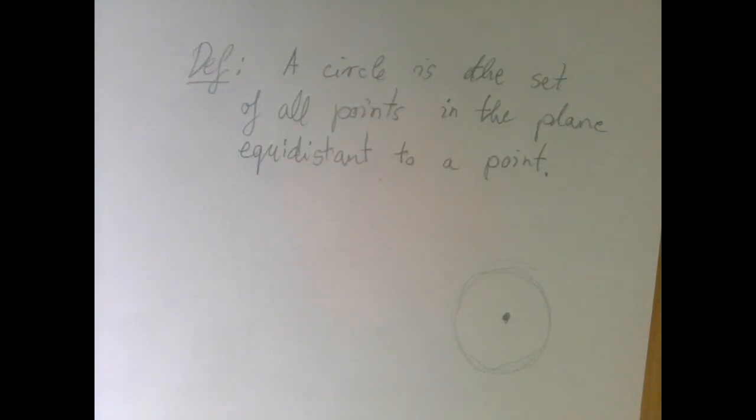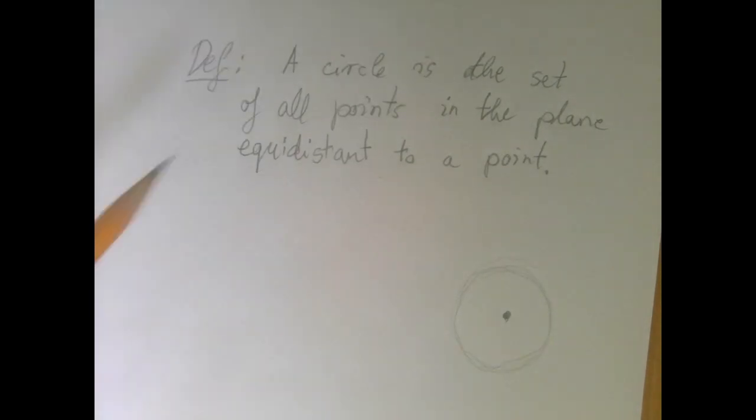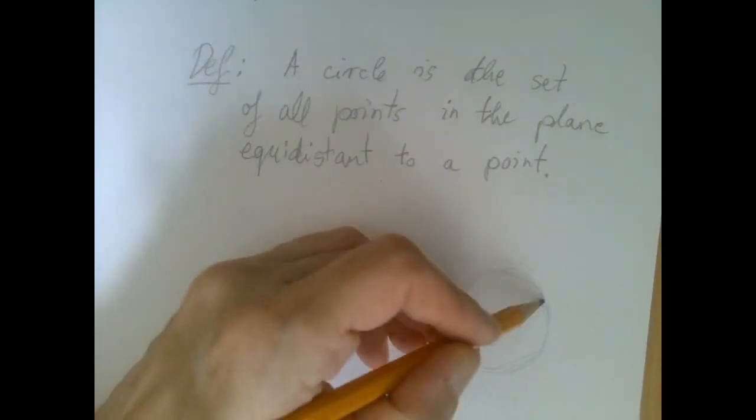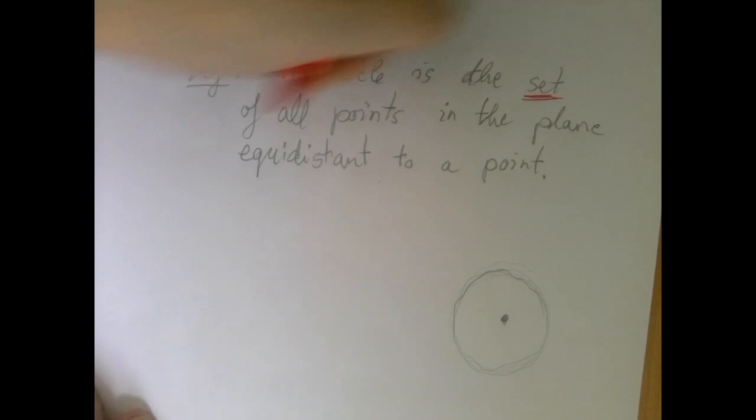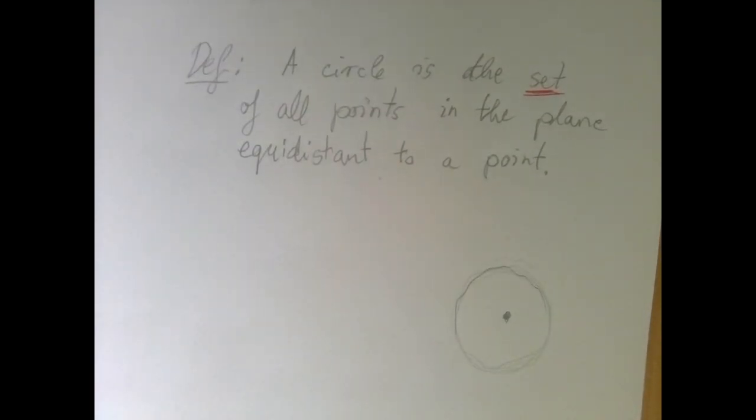And now, where are all the points exactly 1 foot away from that? Or 1 inch away from that? What would you see? I'll let you think about it, but for now, if we add in the plane, then we get a circle. So what is a circle? The circle is the set of all points in the plane equidistant to a point.